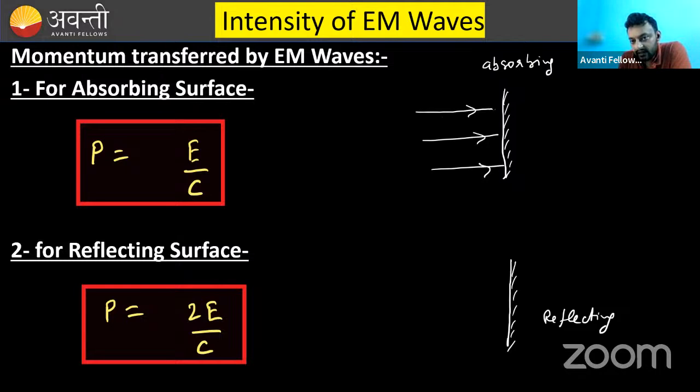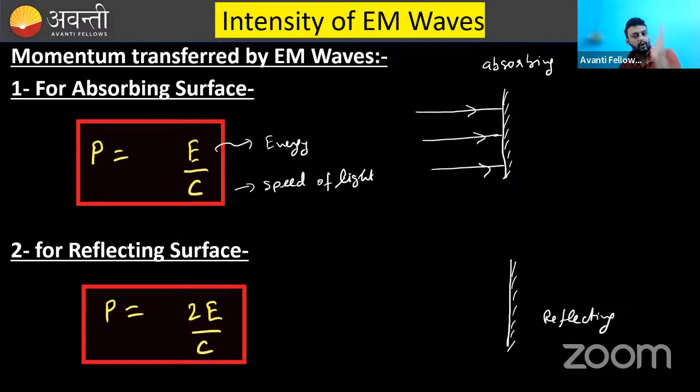So whenever these waves are incident perpendicular to the surface, then the amount of momentum being transferred to the surface is E over C, where E is the energy and C is the speed of light. This is for an absorbing surface.